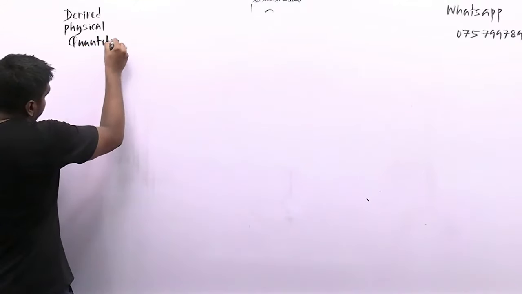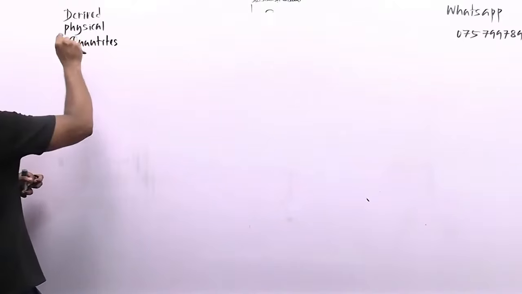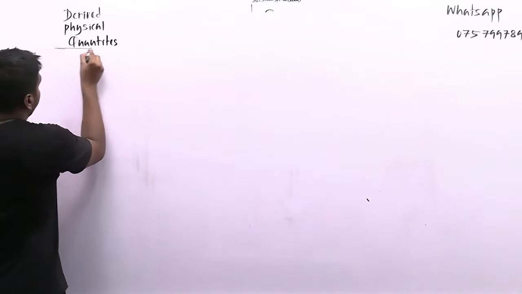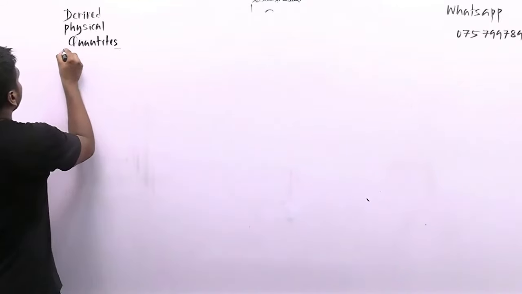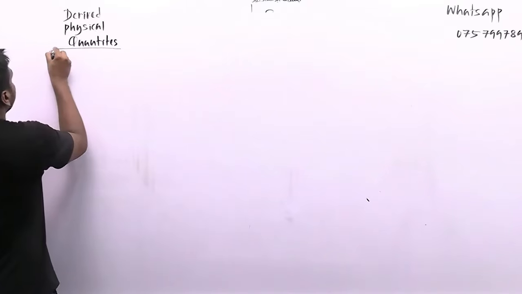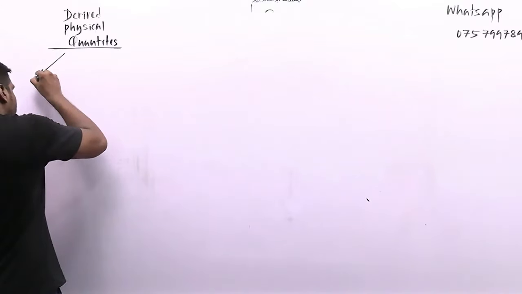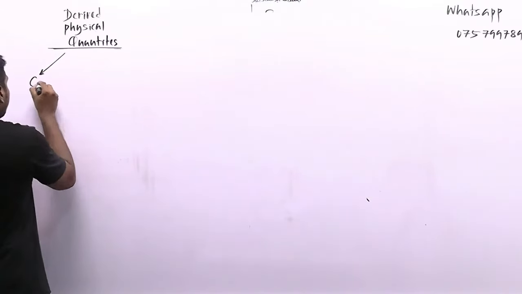Now, the first category is derived physical quantities with compound names.